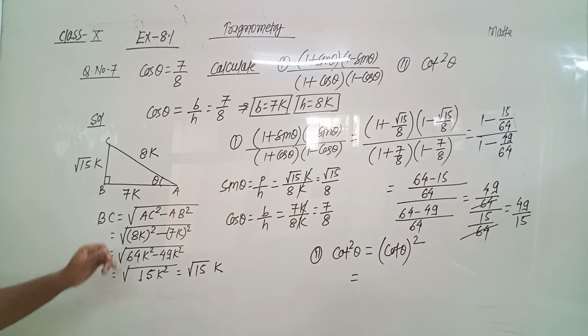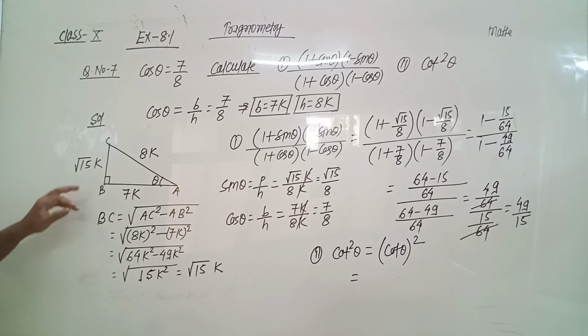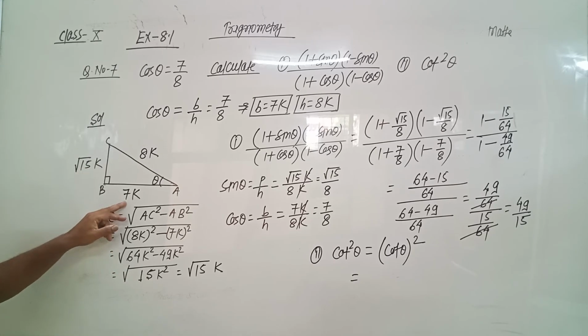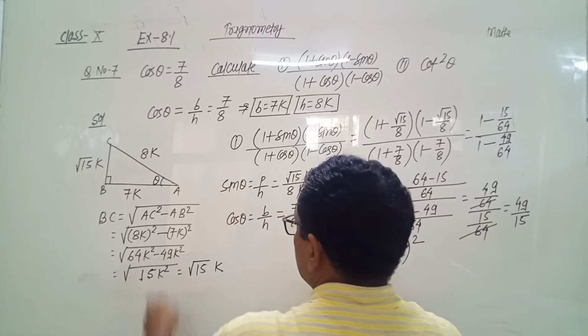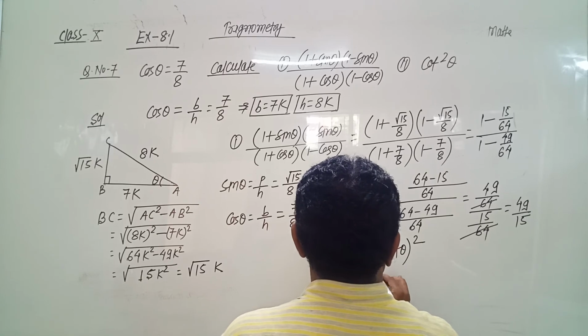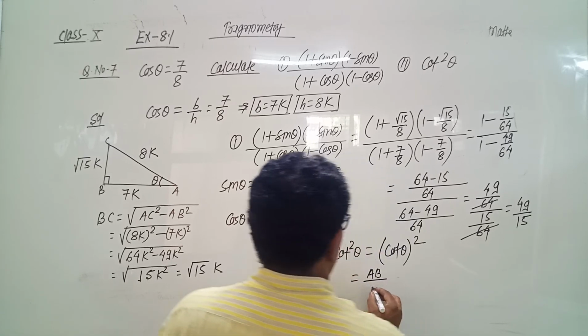Cot theta equals base upon perpendicular, since tan is perpendicular upon base. So we can write base AB and perpendicular BC.